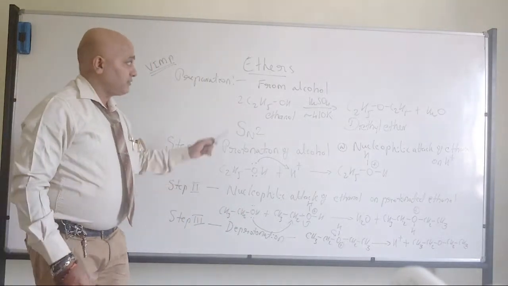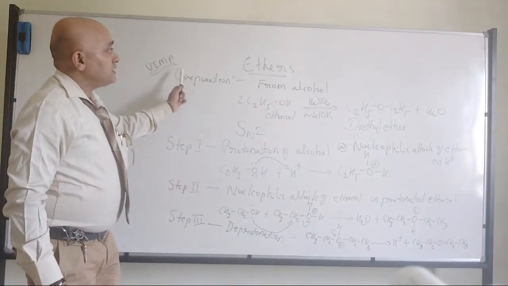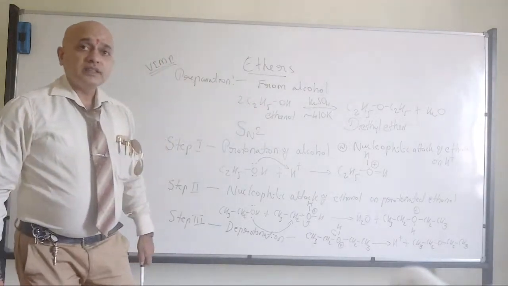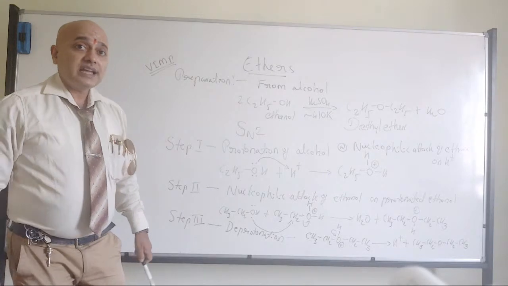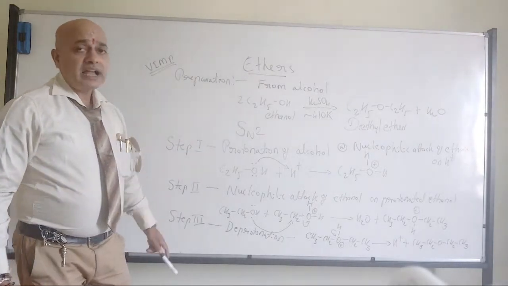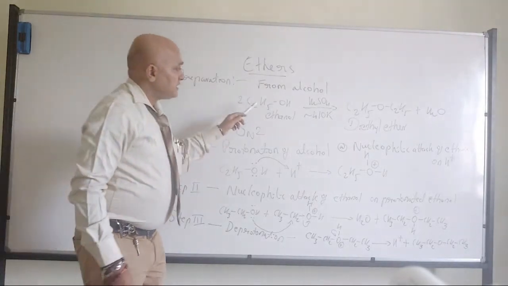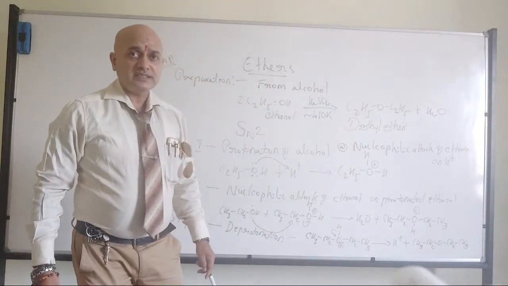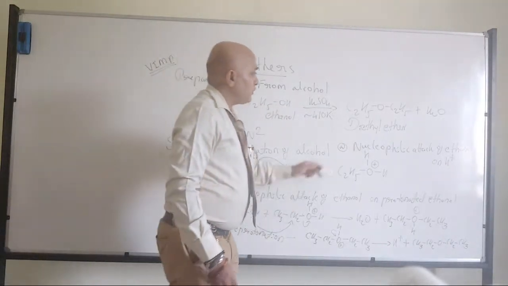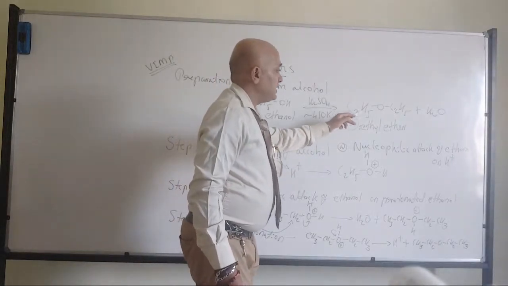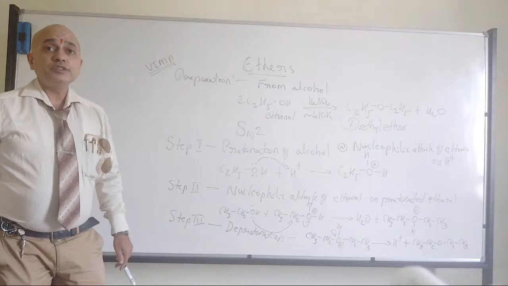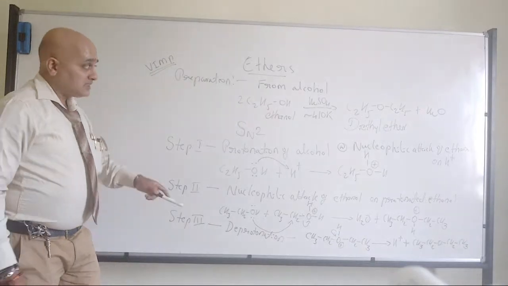Listen to me carefully. So I am talking about the mechanism for preparation of ethers from alcohol. So which alcohol we have taken as the example? Ethanol as the example. Now ethanol in the presence of sulfuric acid at a bit low temperature, that is somewhere around 400 to 415 Kelvin, so there will be formation of diethyl ether due to the dehydration. So what is the mechanism?